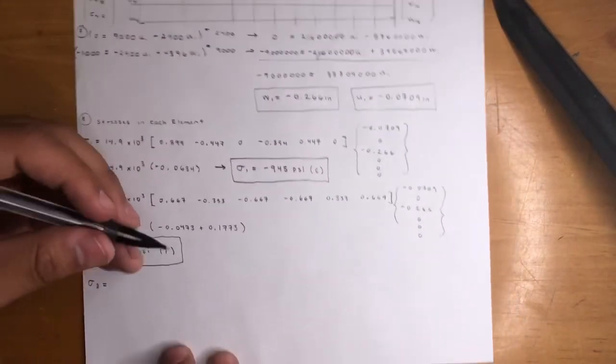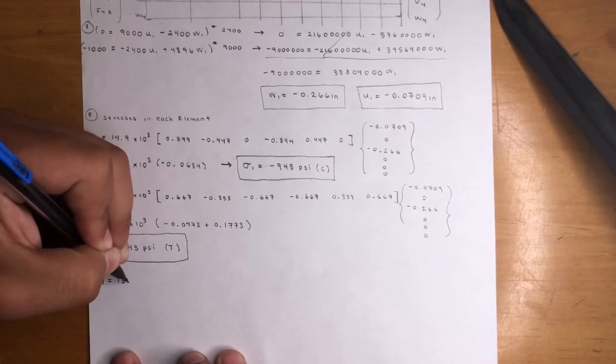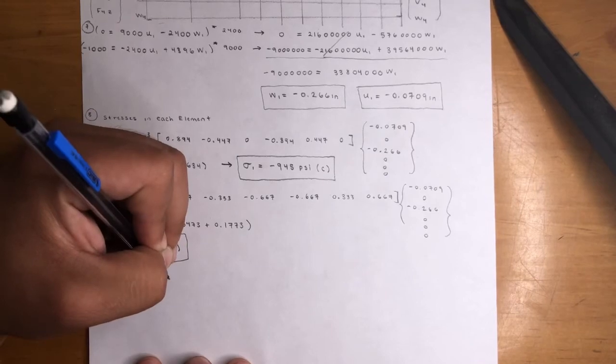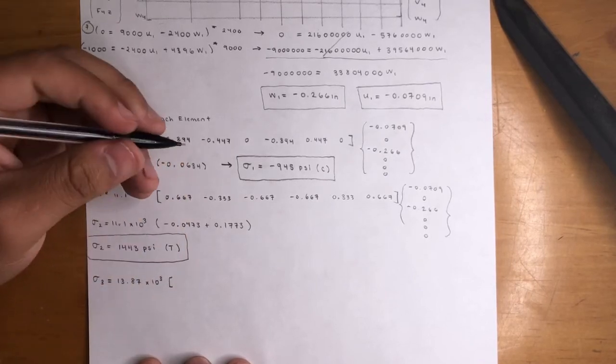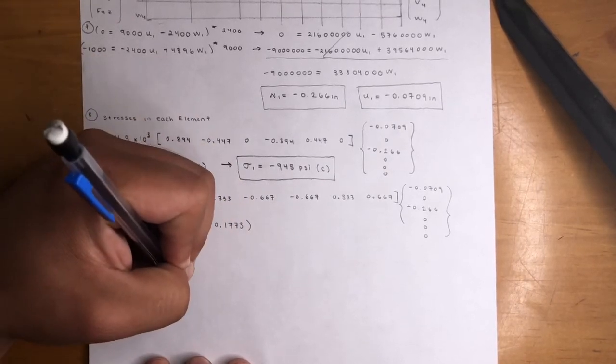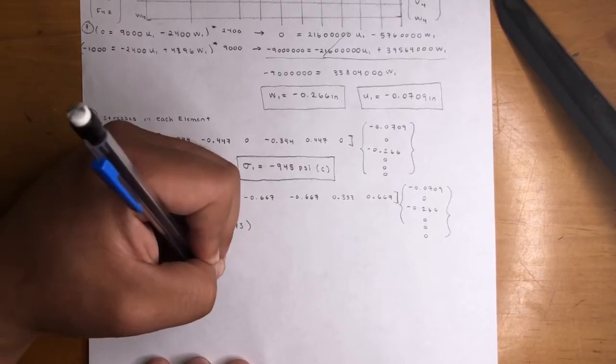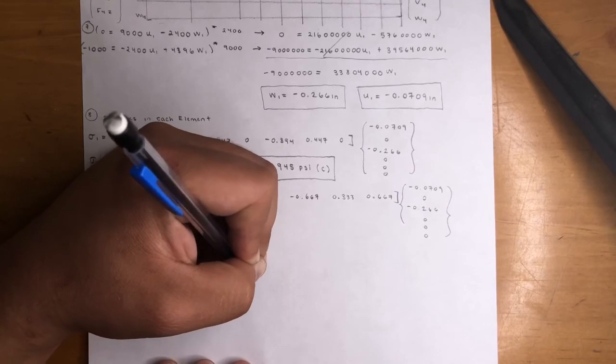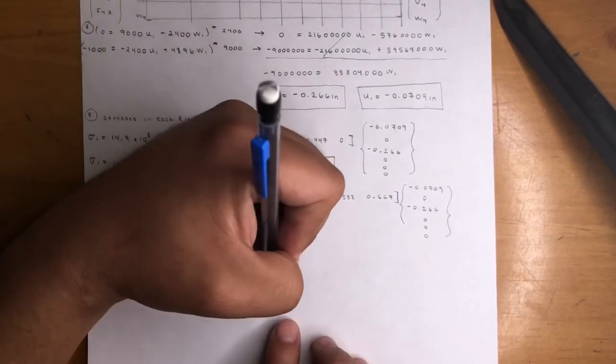Finally, sigma 3. What was the E over L? 13.87 times 10 to the third. Bracket negative CX, which is 0.832. Negative CY, which is 0. Negative CZ, which is 0.55. Now in the sign switch, back to your original.